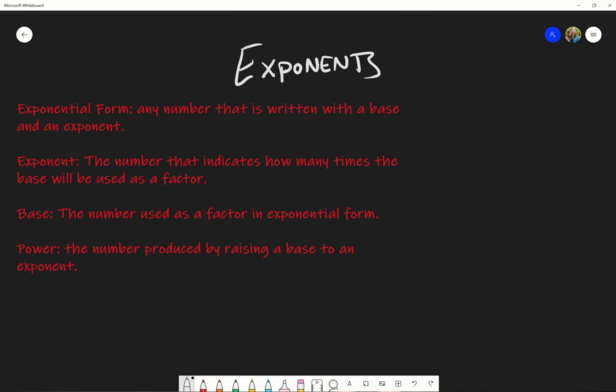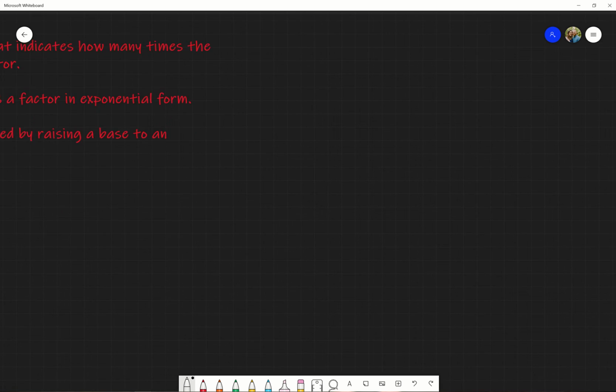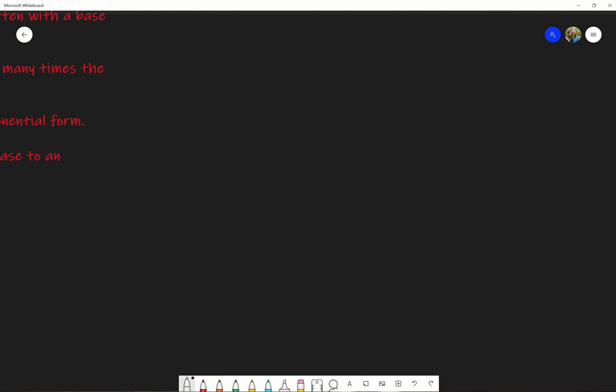So, when we talk about exponents, the main way that we write something is we would write something that looks like this right here. 2 with a little 7. And so this 2 with a little 7, the 2, this is the base.